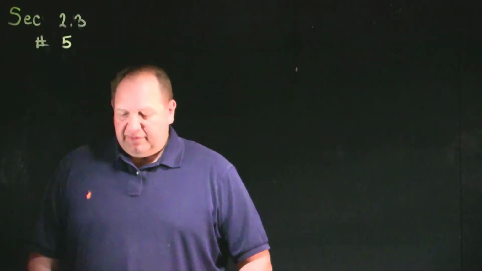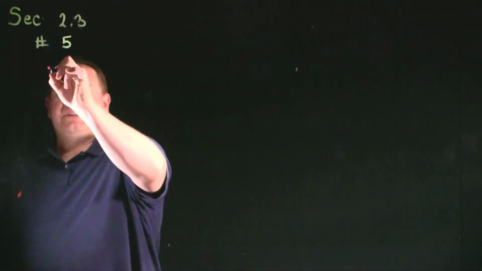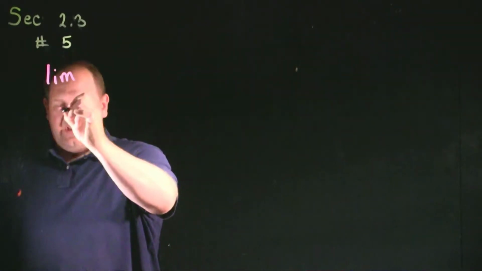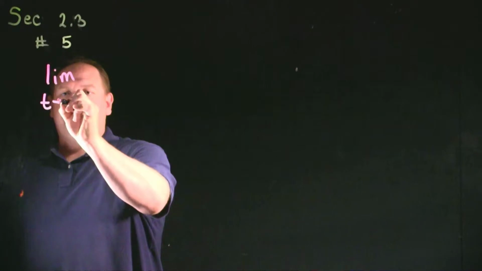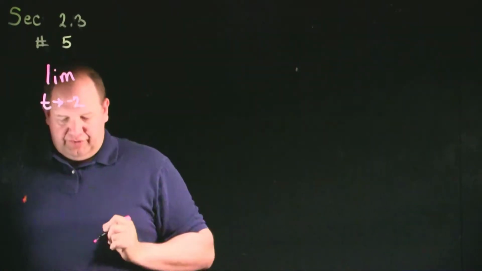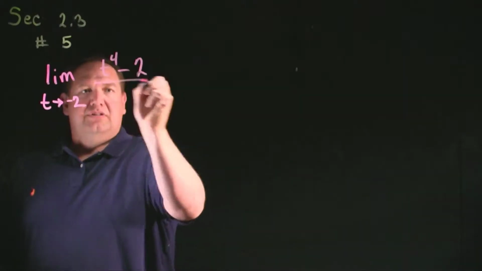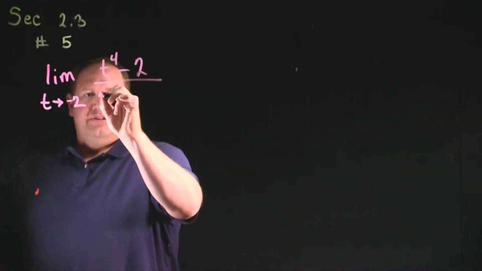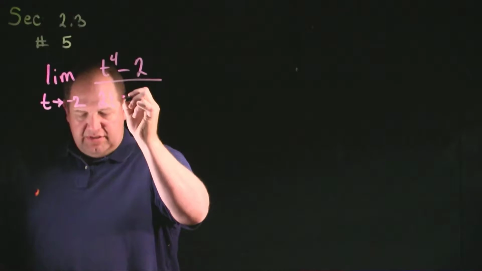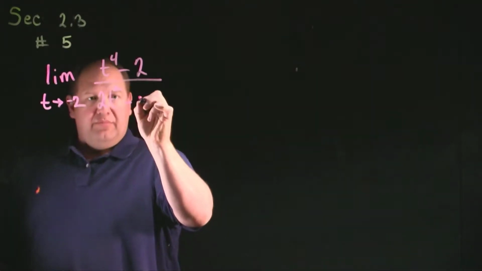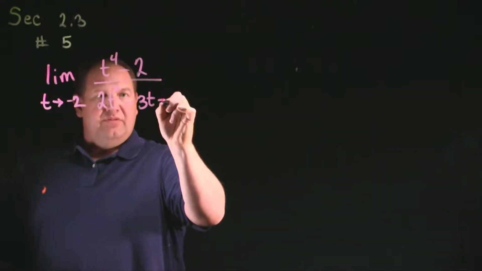Okay, so number 5 says we're supposed to figure out the limit as t approaches -2 of (t to the fourth minus 2), all divided by (2t squared minus 3t plus 2).